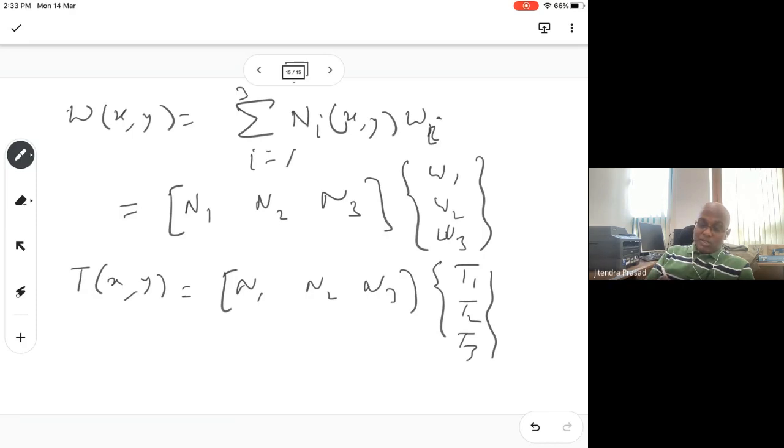Now if you look at the original equation, we can put that there and you get the values. So now you are going to use del T, right?